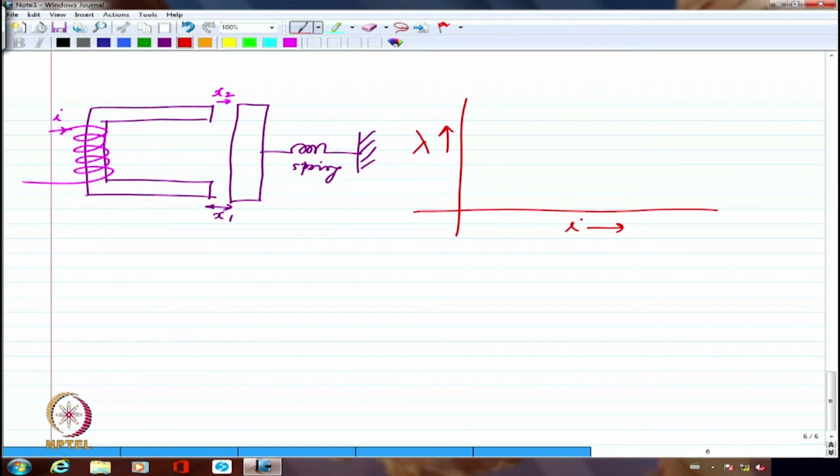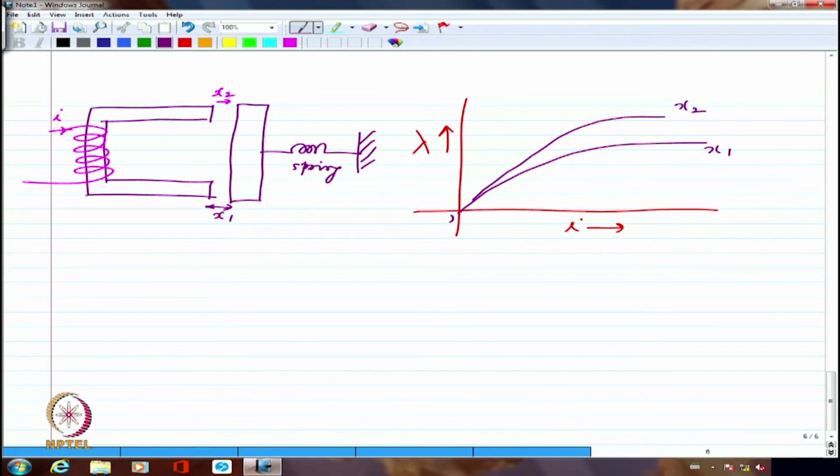The first magnetization characteristic will be like this, and the second will be somewhat like this. This one corresponds to x1 and this one to x2, because when the distance decreases, I should definitely have more magnetic flux in the magnetic circuit, since the reluctance has decreased.